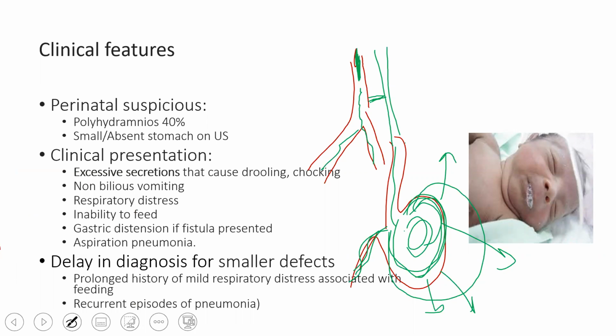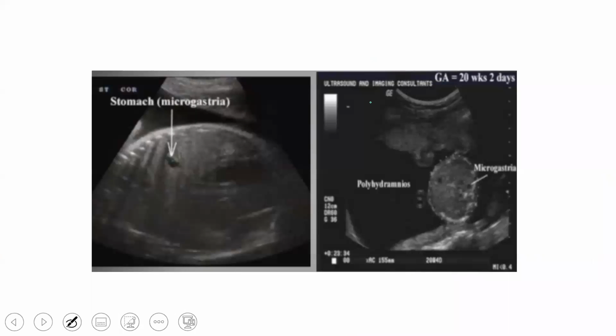Usually those babies present with mild respiratory distress associated with feeding, and it's usually difficult to diagnose, so the presentation might even be late. But the most common presentation is copious secretion. If they have typical esophageal atresia with tracheal fistula, they usually present with copious secretion. That's the main one. Choking and vomiting occur if you didn't pay attention to the lot of secretion coming from the mouth.